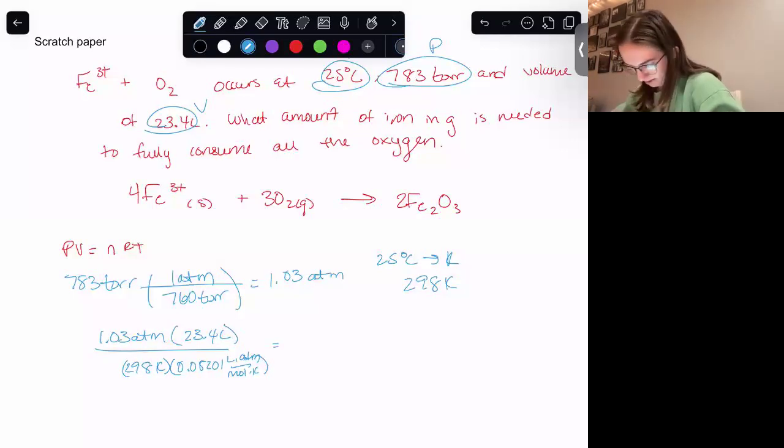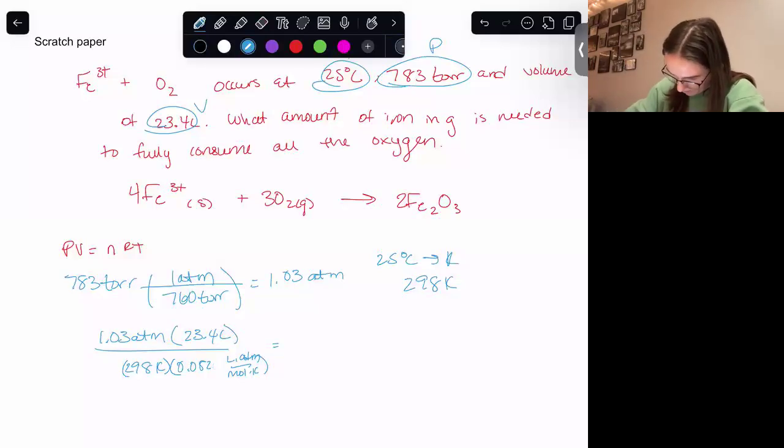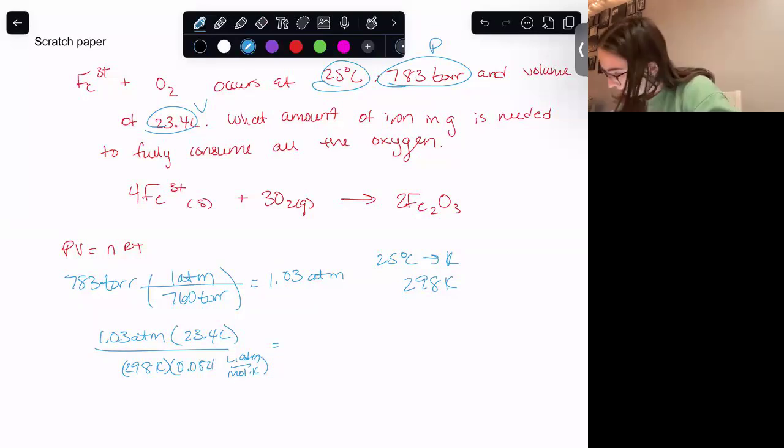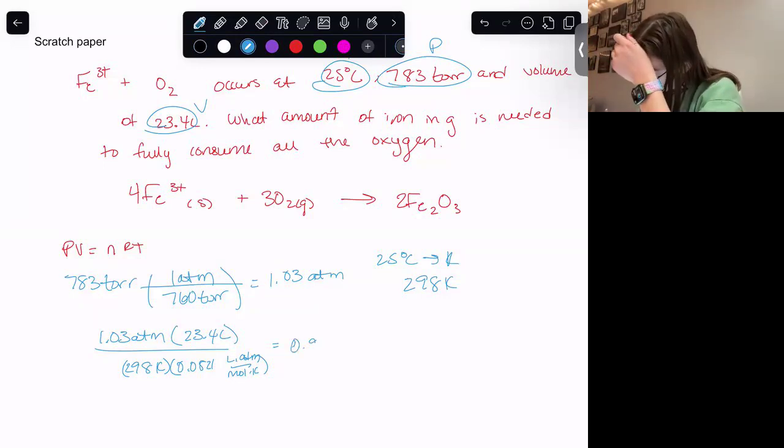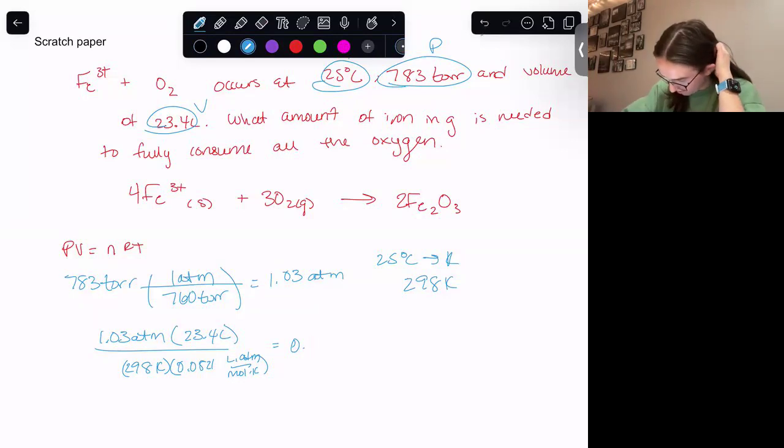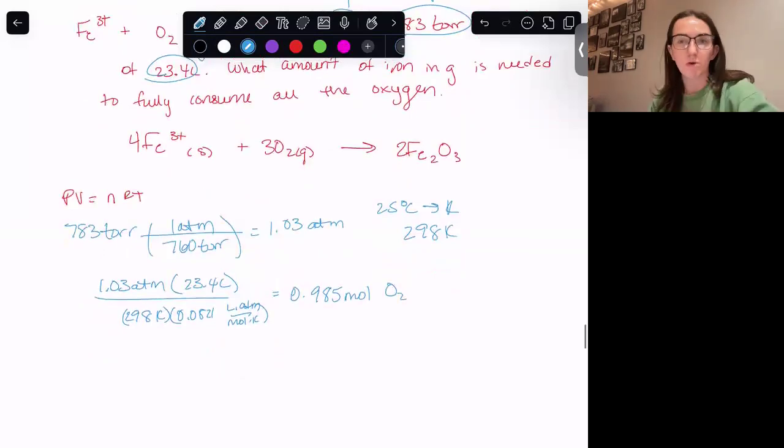So this becomes 0.985 moles of oxygen. So that's how many moles of oxygen we have.